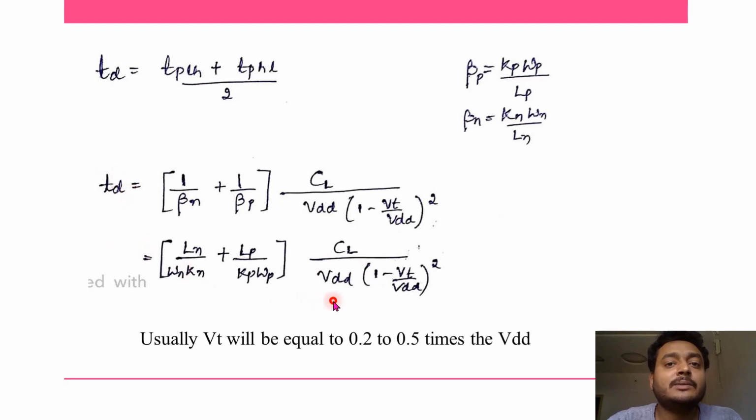That means we cannot always go for higher voltage. Suppose you have 1 volt VDD and we are getting some delay, and in order to reduce the delay I increase VDD from 1 volt to 5 volt.